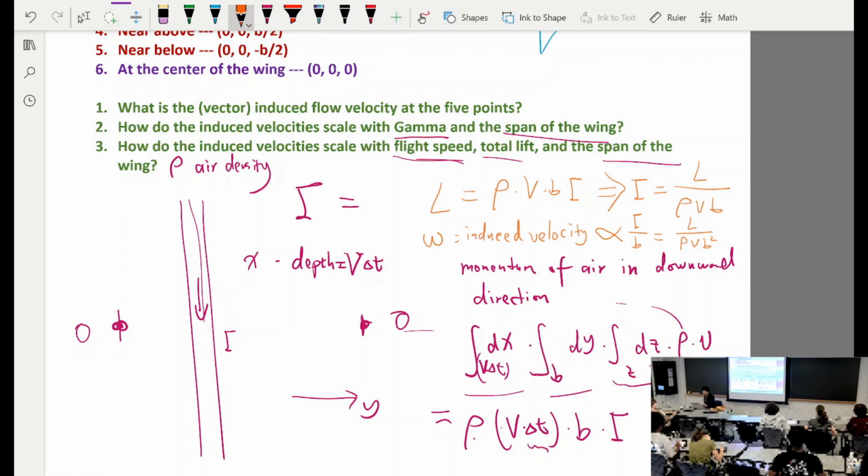Okay, so this is basically the scaling of induced velocity in pretty much all scenarios. If I have higher lift, I get a higher induced velocity. If I get a higher density or higher flight speed or higher span, I get a smaller induced velocity, right?